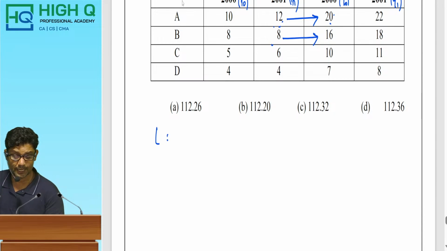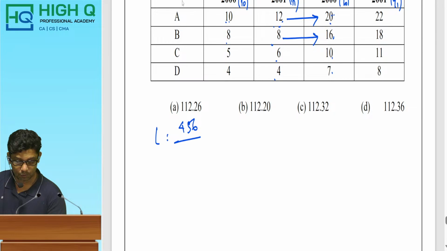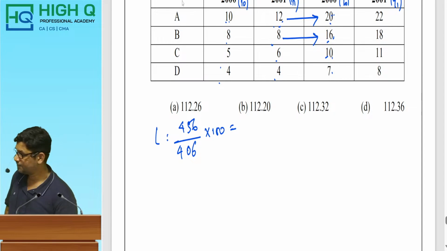Sum of P1 Q0 over sum of P0 Q0 into 100. Sum of P1 Q0: 12 into 20 plus 8 into 16 plus 6 into 10 plus 4 into 7, which is 240 plus 128 plus 60 plus 28, giving 456. Sum of P0 Q0: 10 into 20 plus 8 into 16 plus 5 into 10 plus 4 into 7, which is 200 plus 128 plus 50 plus 28, giving 406. What are you getting? Laspeyres is approximately 112.32.